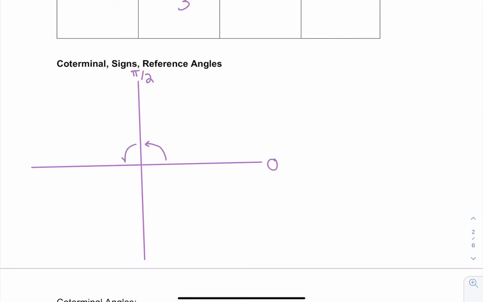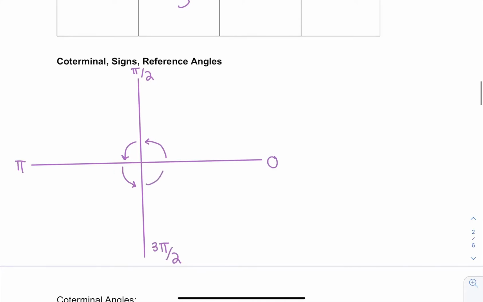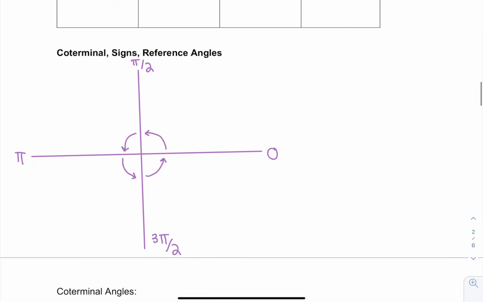If we rotate another 90 degrees, that's actually rotating another pi over 2, so this becomes pi. If you rotate another pi over 2, this is 3 pi over 2. And lastly, if we rotate all the way around the circle, instead of 0, it is 2 pi radians. So these are some values you want to get kind of familiar with and where they're located.